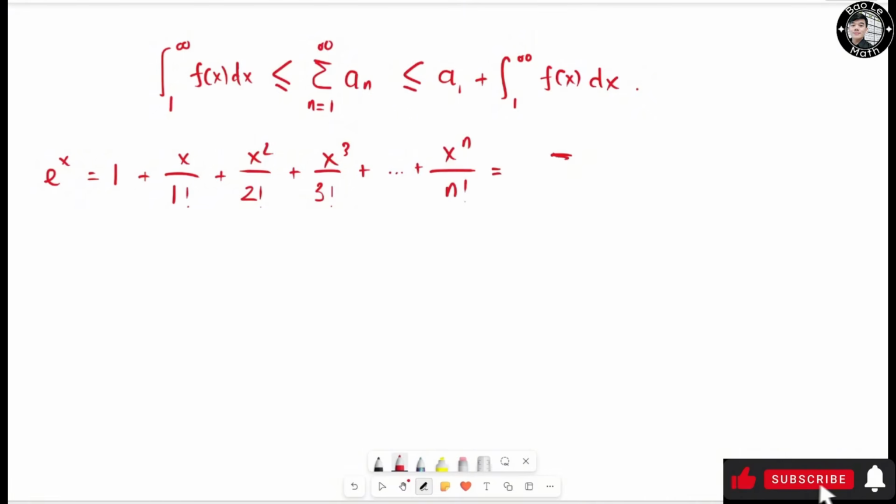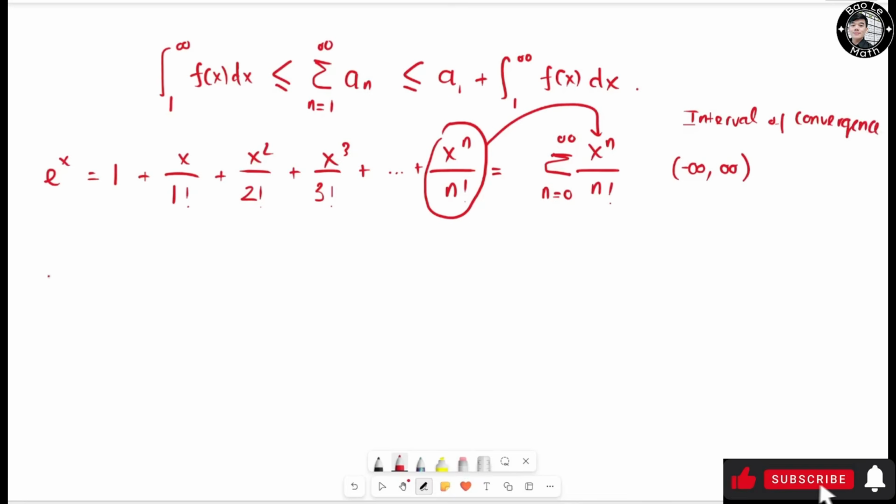It's actually the sum of s to the n over n factorial when n goes from 0 to infinity. So basically you just take the general terms right here, you put it over here. That's it, right? And you know that the interval of convergence of this series is negative infinity to positive infinity.